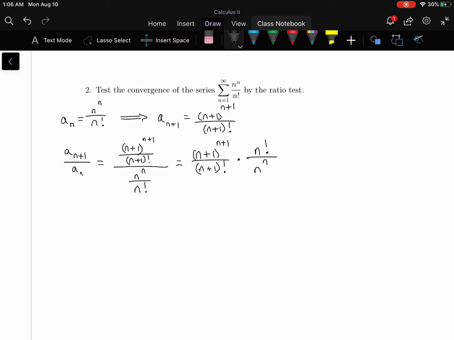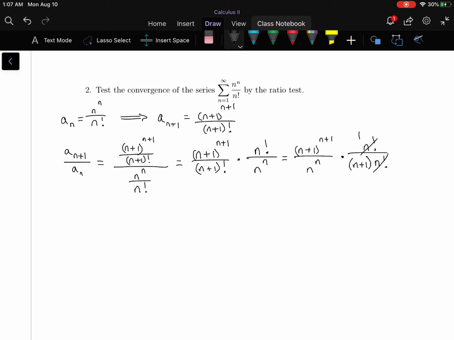And here we could start simplifying a little bit, and so I could see that (n+1) to the (n+1) term over n to the n, I'm going to bring those two together, but then I've got n factorial over (n+1) times n factorial. So that is (n+1) factorial essentially on the bottom, but rewriting it this way lets me cancel out the n factorials.